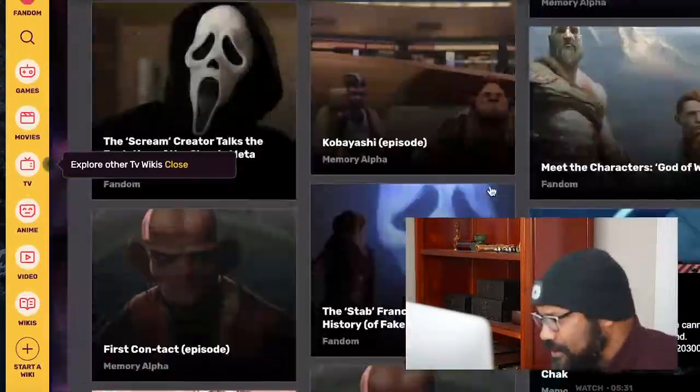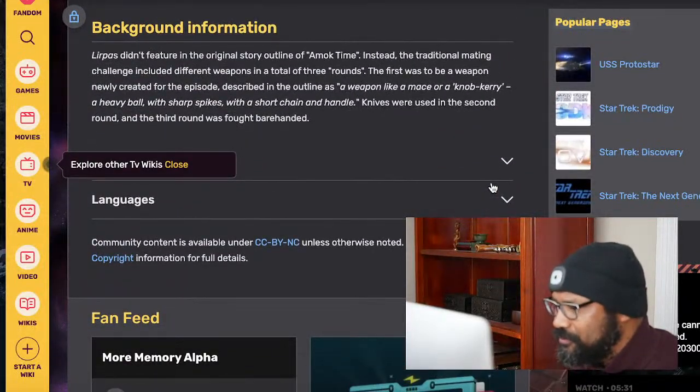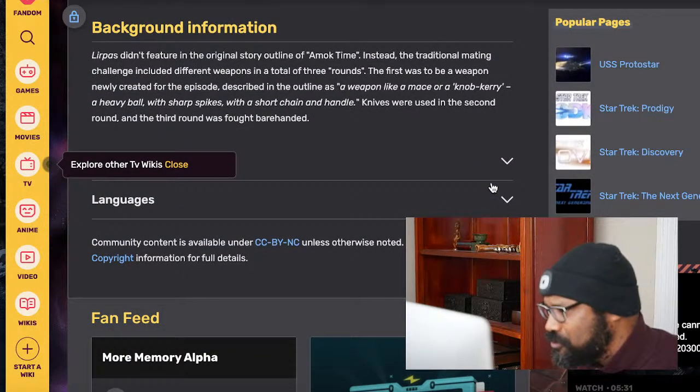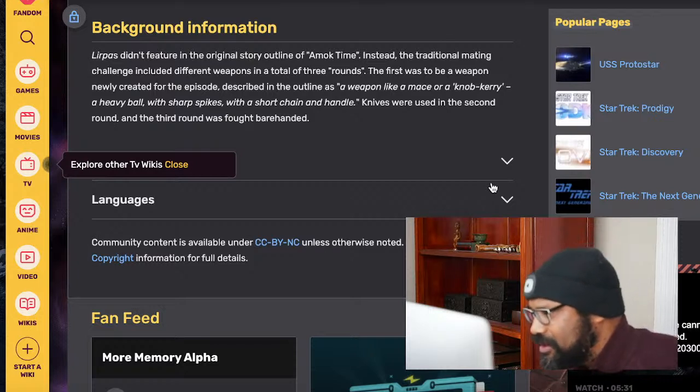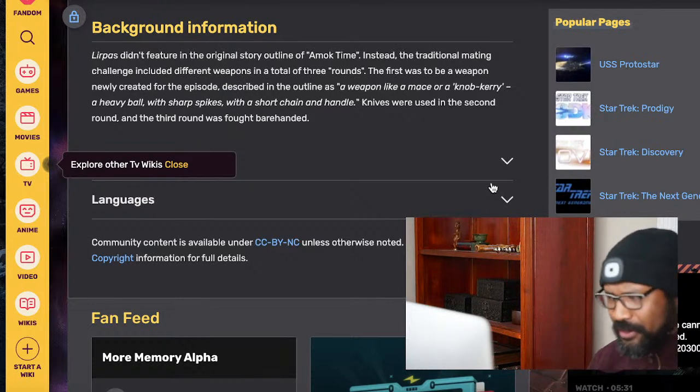If I can find it here. Let me see what we got here. Background. Lirpas didn't feature in the original story outline of Amok Time. Instead, the traditional mating challenge included different weapons in a total of 3 rounds. Whoa, shoot. Ding, ding. All day long.